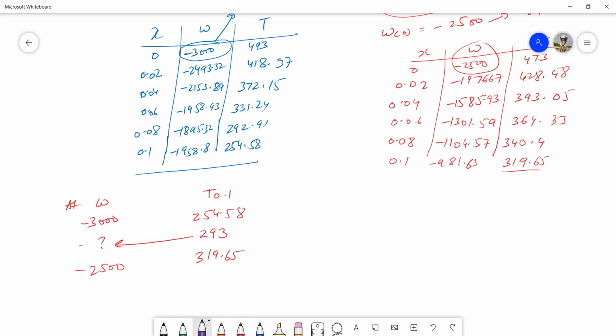Let's say this is m, so m is minus 3000 plus the difference of the required and corresponding values, into the difference of these values.